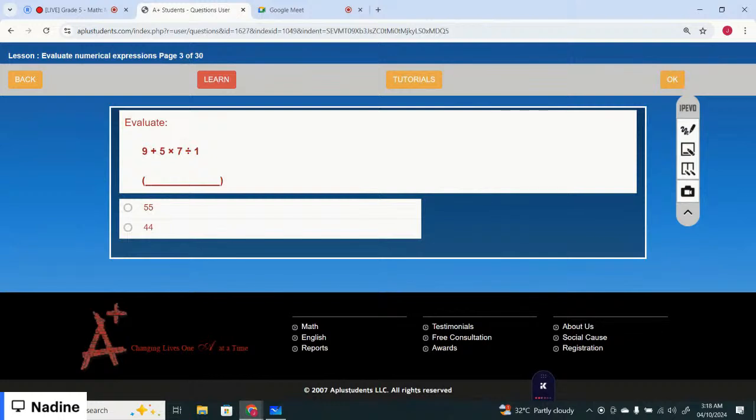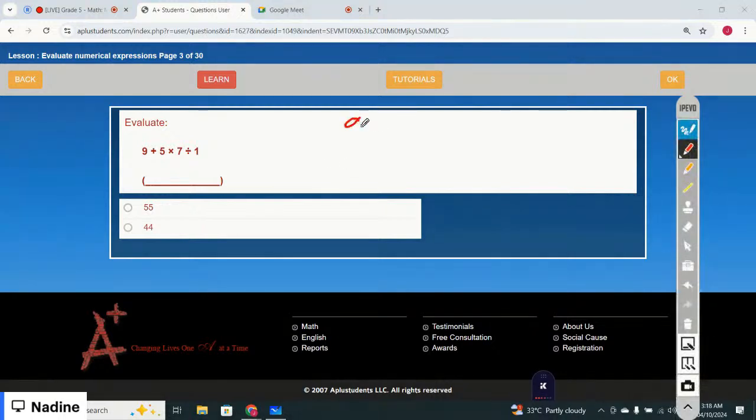Let's look at another example: 9 plus 5 times 7 divided by 1. Going from left to right, you have addition, but multiplication has higher priority.